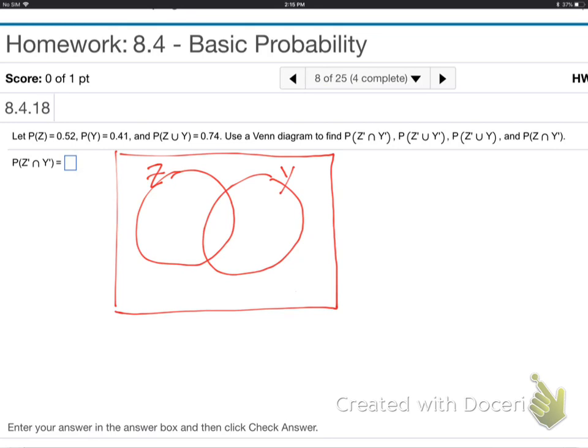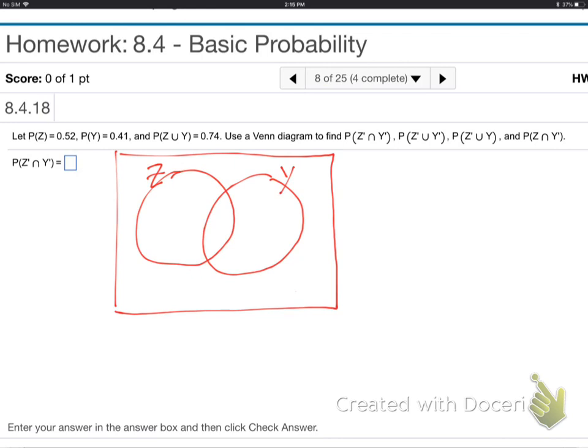Do you see what they don't give us, that they normally give us? Where are we going to start? There's no overlap. So they never gave us an overlap anywhere? That's hard. What do you do when they don't give you an overlap?